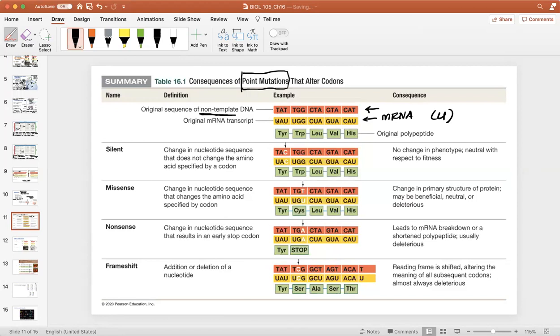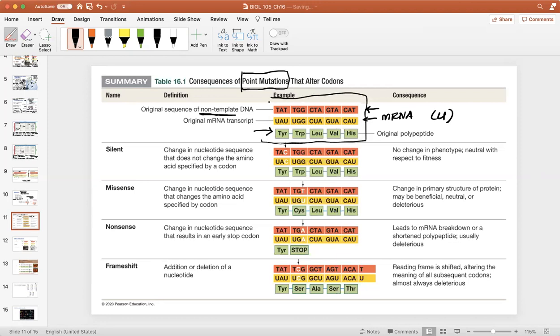So TAT is UAU. But otherwise, these are the same, right? If you were to look up these codons on a codon chart, you would find that these codons corresponded to these amino acids. So you would translate this into this here. So this is the correct situation.